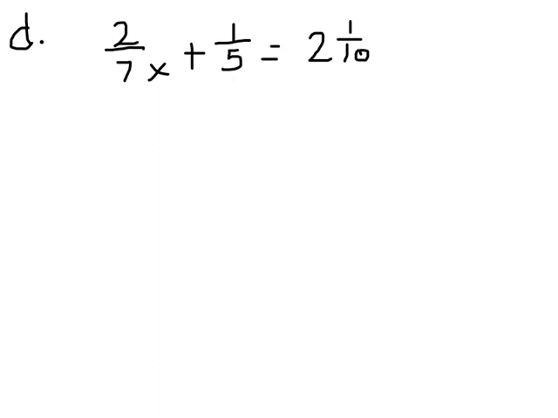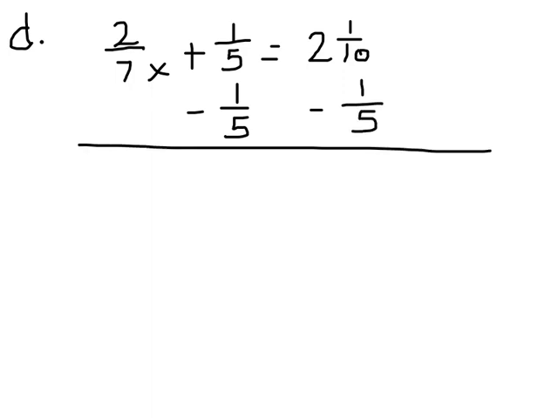2/7 x plus 1/5 equals 2 1/10. Alright, so I'm going to need to subtract 1/5 from both sides. Got to get a common denominator for these two. It is going to be 10. 1/10 minus 2/10.